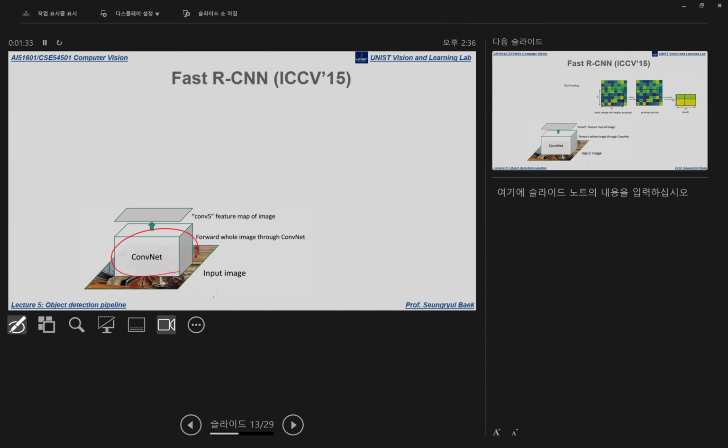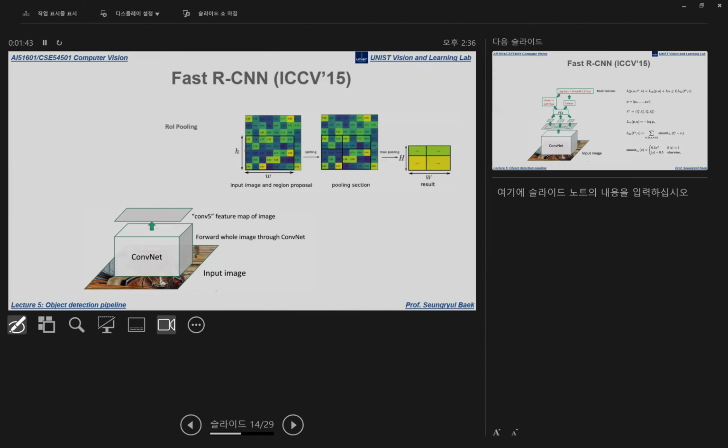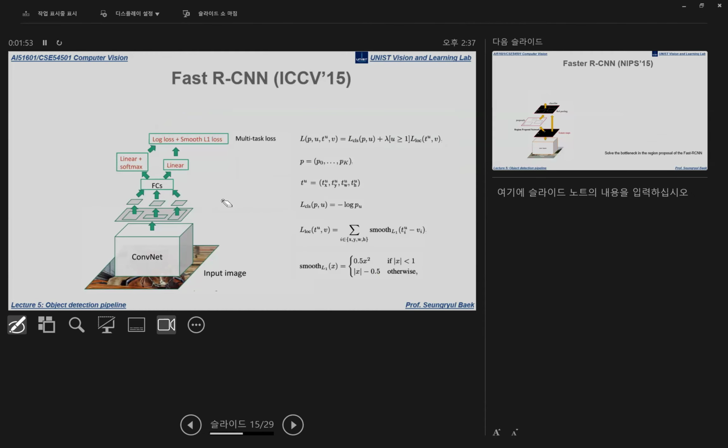But here we apply the CNN only once to the whole image and extract the two-dimensional feature map in the middle, and then apply ROI pooling to turn the features of the extracted patches into a fixed-dimensional vector. Then we apply FC layers, linear and nonlinear layers, and then apply two types of loss functions to train the overall network. So now the entire network is becoming end-to-end trainable.